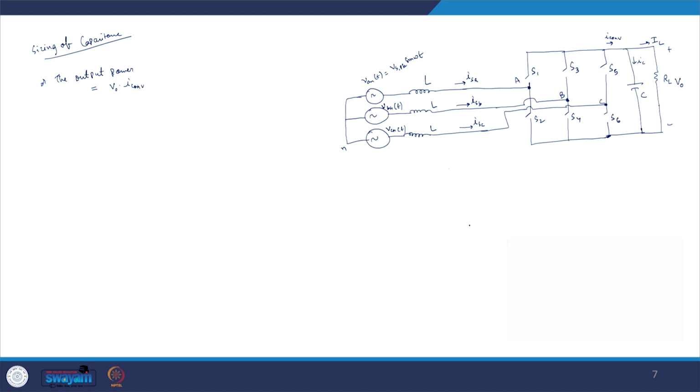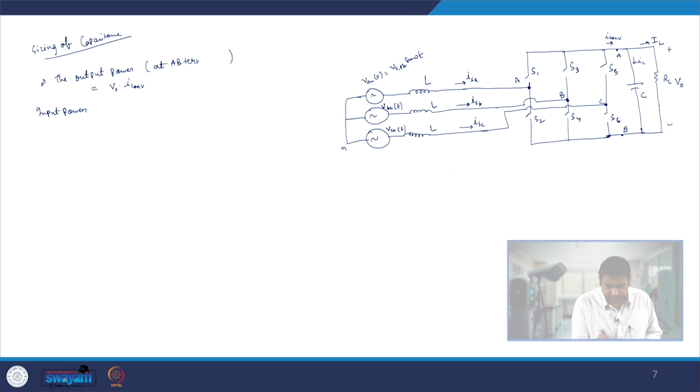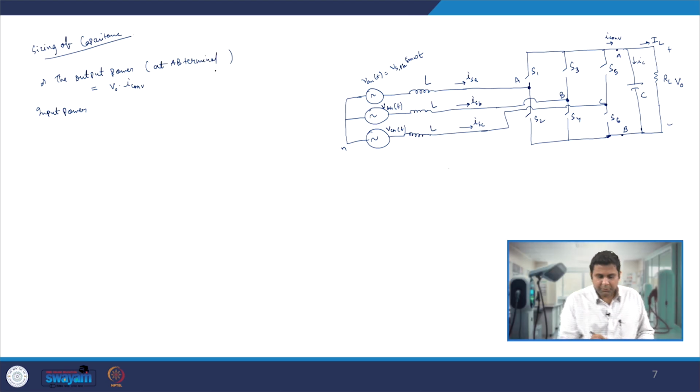And we can also say our input power, again output power I am talking about here between A point and B point at AB terminals. So input power is nothing but, if we have a 3-phase signal, Vs peak sin omega t times Is peak sin omega t.